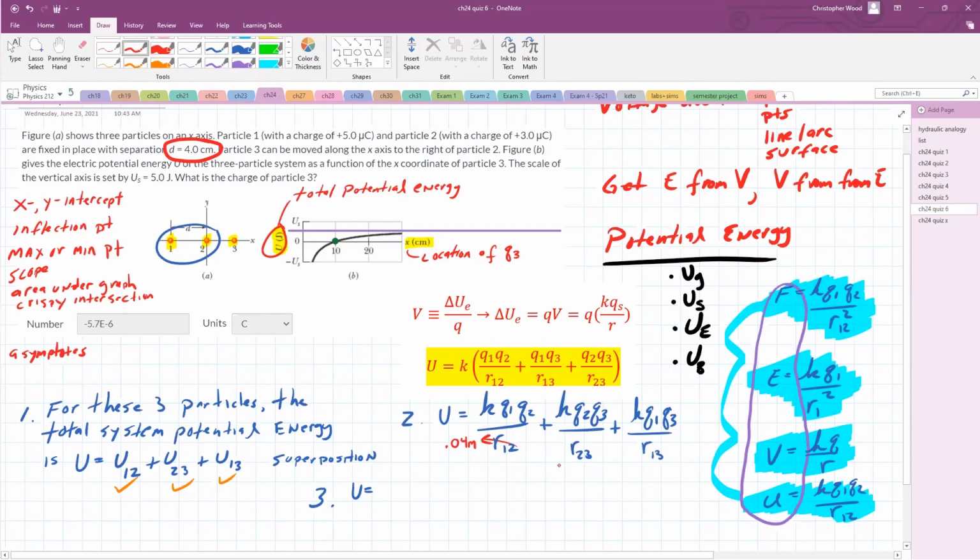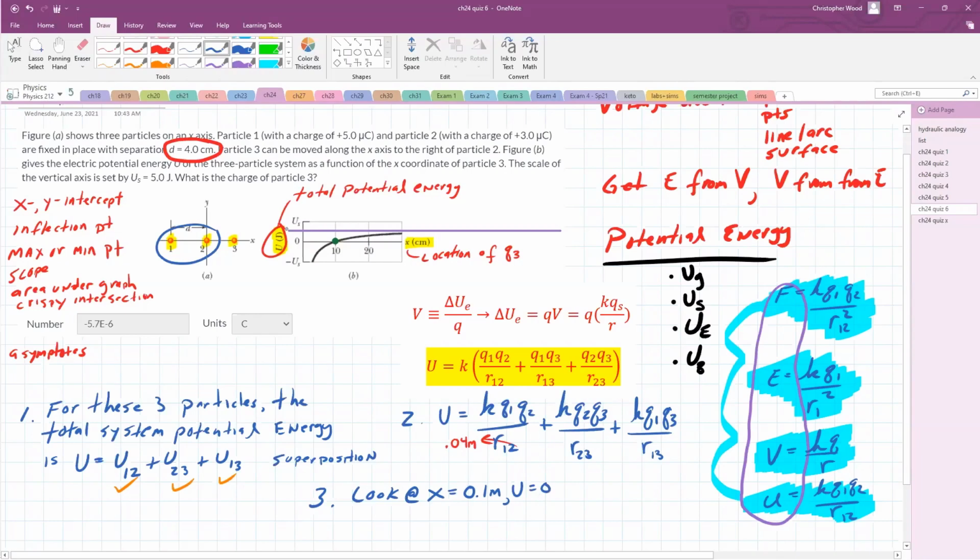But I'm going to drive a stake in the ground. Let's look at the X location. When the location of particle 3 is at 0.10 meters, I know one thing: U equals 0.